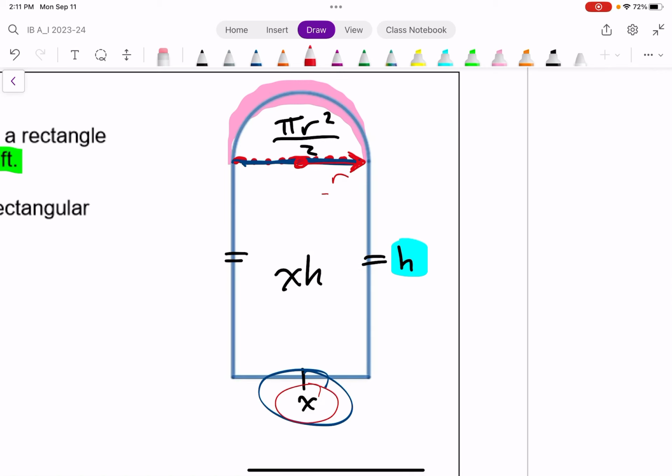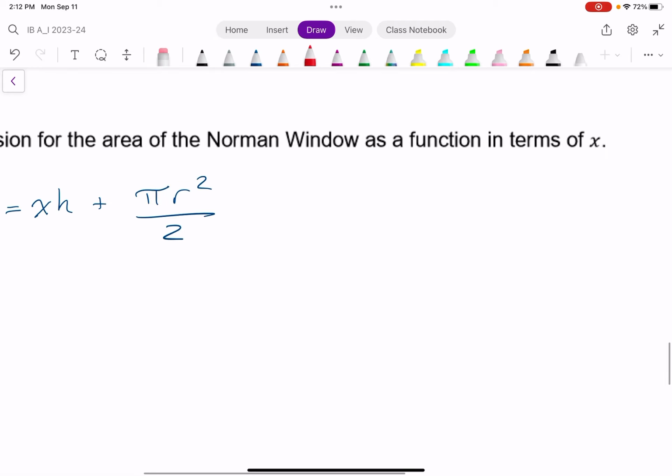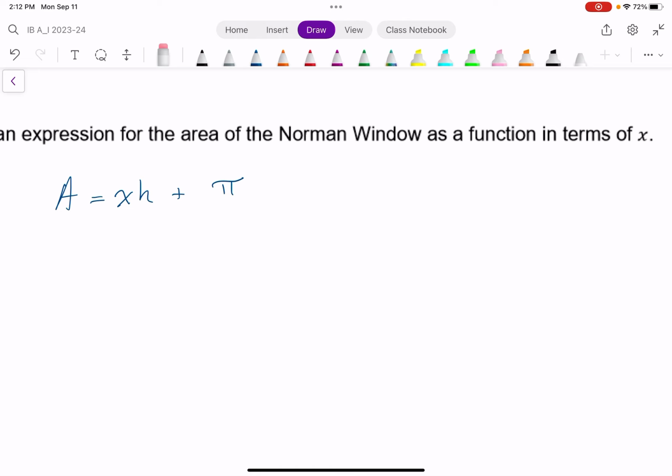So instead of radius, I can say just x over 2. So if I go back to my expression down here, instead of radius, I will write it as pi times x over 2 squared, all cut in half, because remember, it's just half that circle.